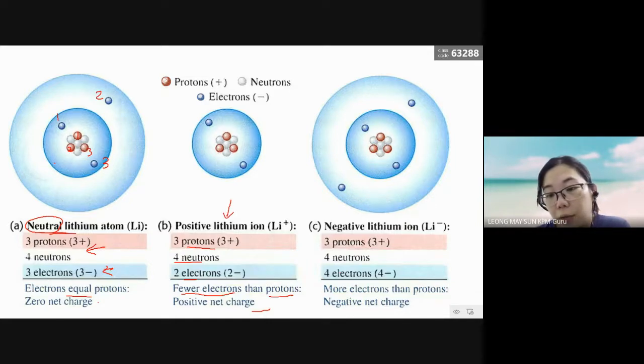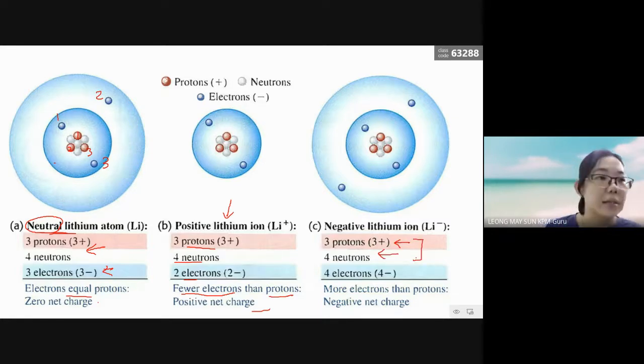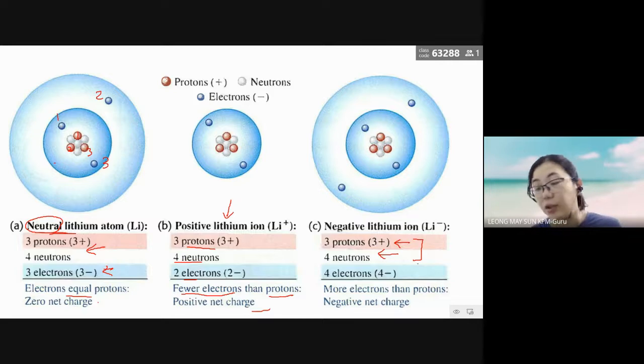Lastly, how do we change lithium to become negative? You have 3 protons, still the same, and 4 neutrons. When we talk about electricity, we are not going to change the nucleus. Changing the nucleus's identity only happens in nuclear physics. For electricity, we won't consider changing the nucleus because it's very difficult to remove it in a natural situation.